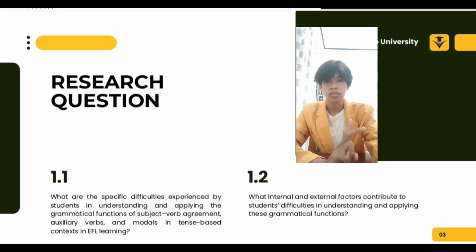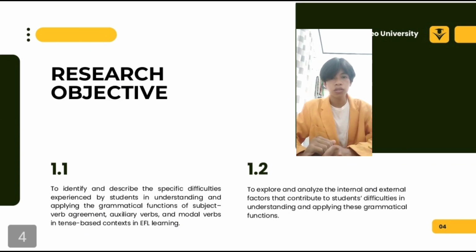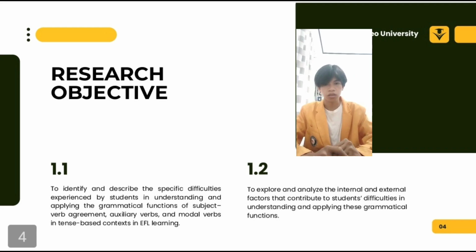And the second research question is, what are the internal and external factors that contribute to students' difficulties in understanding and applying this grammatical function? So, in other words, this section indicates that the main direction of the research is in examining not only student errors but also their causes.